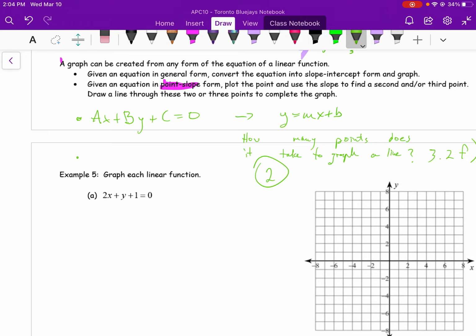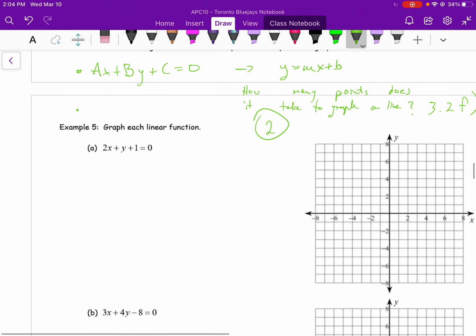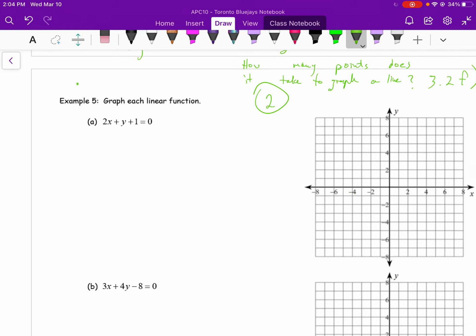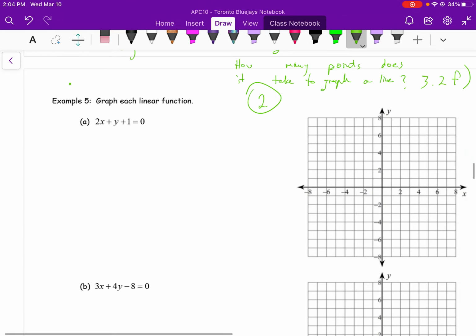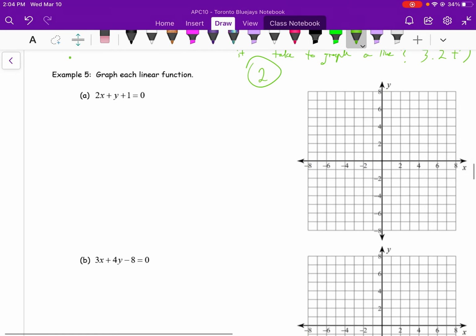And I know that we've been messing around with some equations. So here, example 5. And by the way, if you can come up with xy points that satisfy this, you can just graph it in your head. Really tough to do. Perhaps we'll save that for class. We're going to graph this equation.